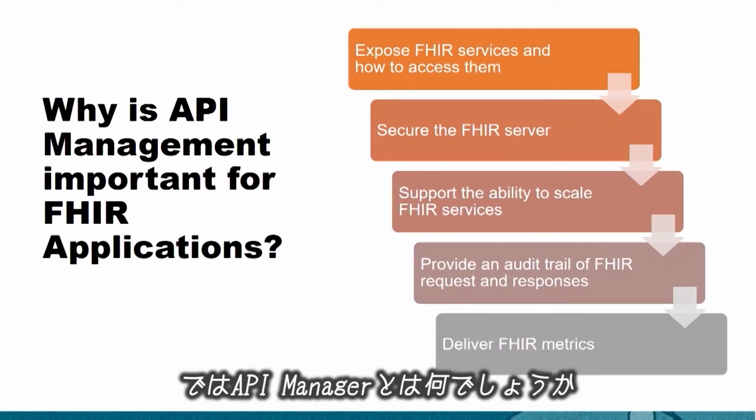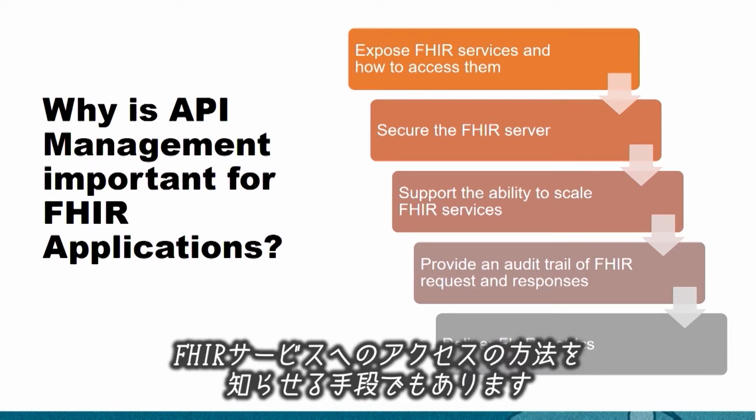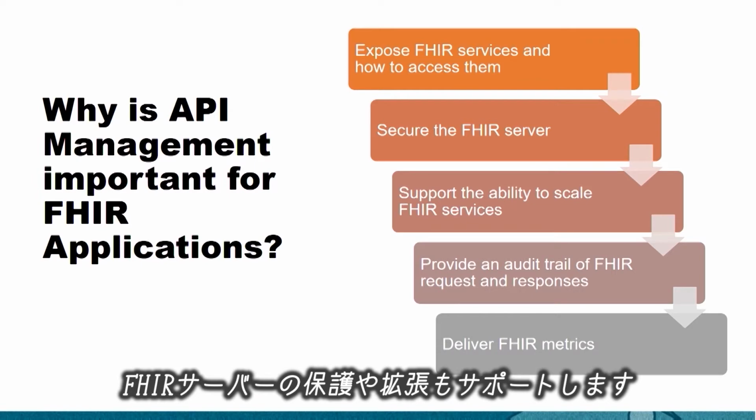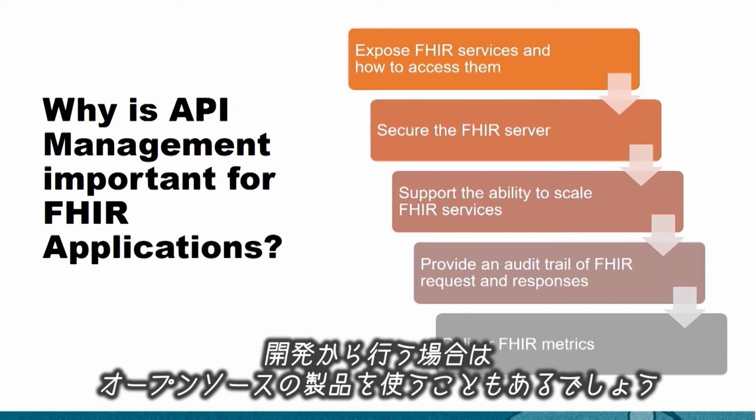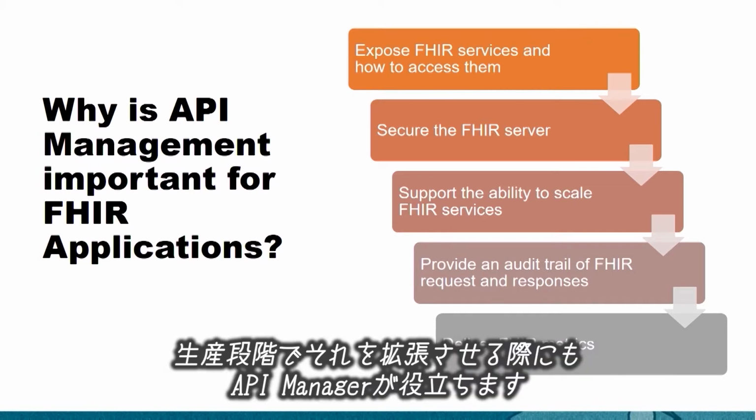So what can an API manager do for you? Well, it could expose those FHIR services that we've talked about and let people know how to access them. It can secure your FHIR server, and support the ability to scale up a FHIR server. So you're starting with development. Maybe you've started with an open source product, but now you want to go into production.